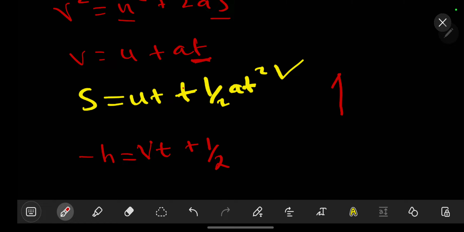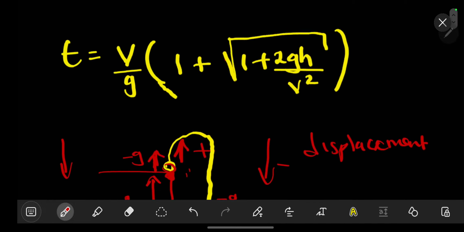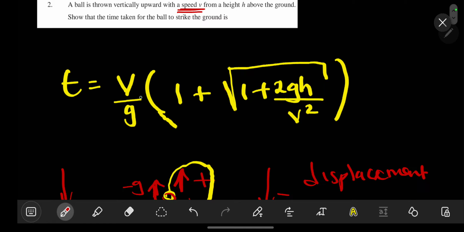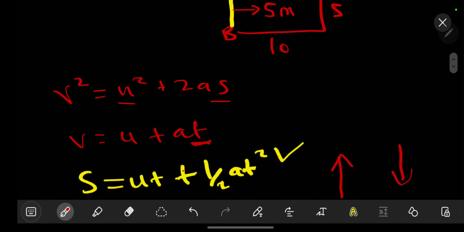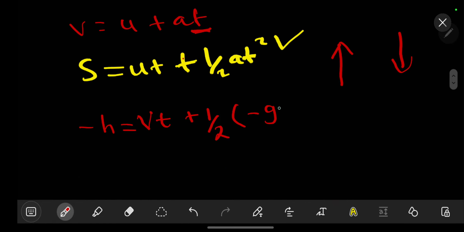Since this thing was thrown up and gravity acts downwards, it will be negative 9.8. But we are required to show where the gravity is showing, so we can just say negative g instead of negative 9.8, because in this equation they want our g to still be showing. So negative g, times our time squared.